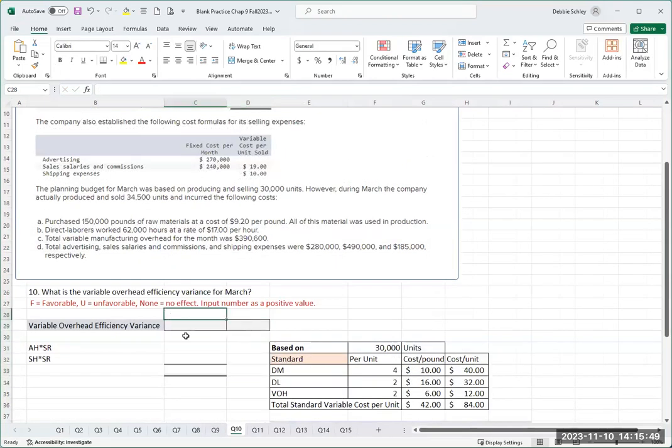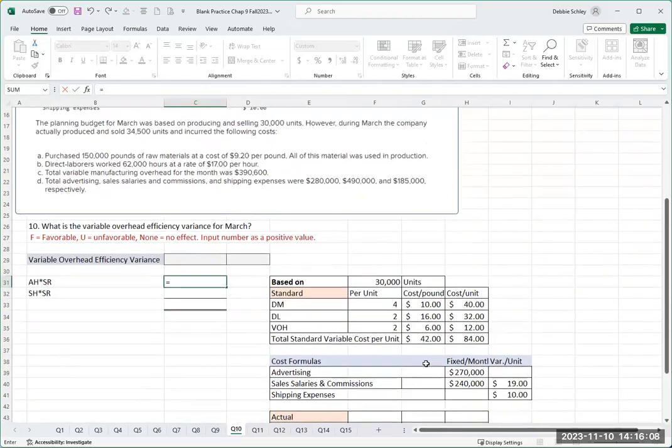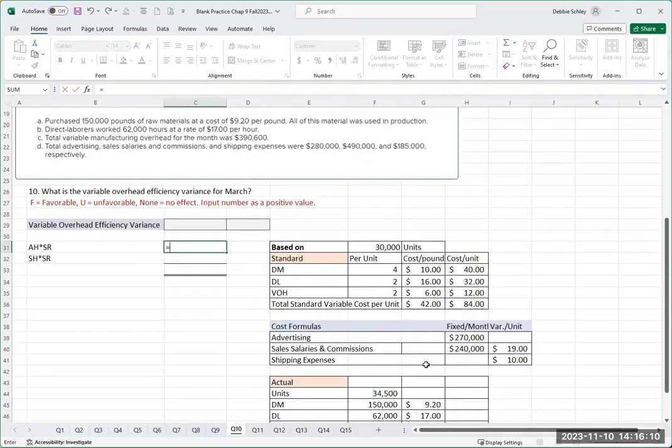Okay, question 10. What is the variable overhead efficiency variance for March? So the actual hours times the standard rate, variable overhead efficiency.